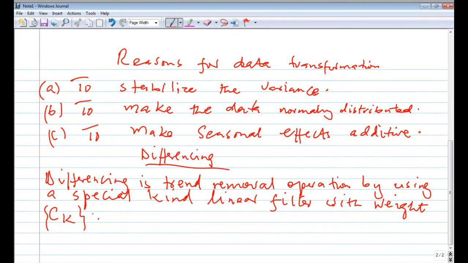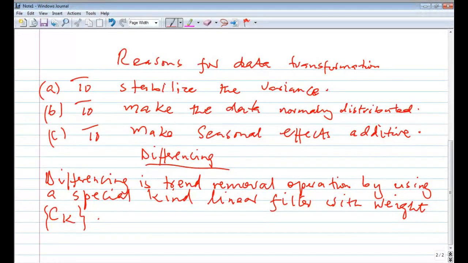You will understand later when we talk about linear filters and weights. Don't worry about that. But anyway, differencing is a trend removal operation by using a special kind of linear filter with a weight CK.